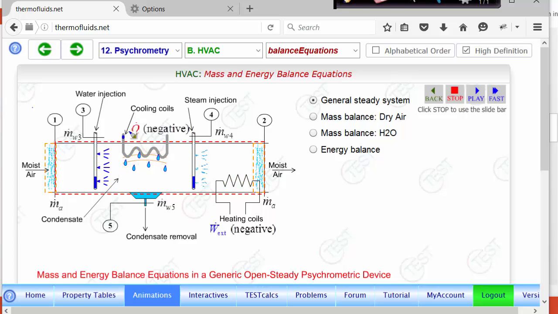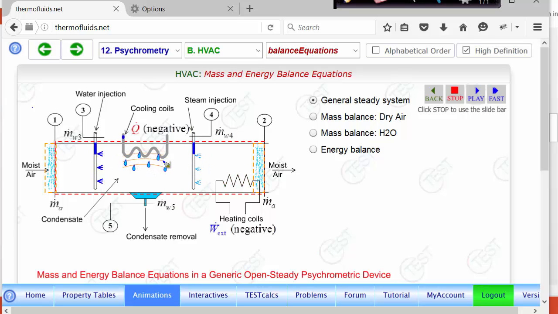There is a cooling coil, which means basically heat is being taken out. Q dot is negative. That is, Q dot out is going on. A coolant is supplied, maybe chilled water to this tube. As a result, heat is taken out. We'll not consider that as mass coming in, mass going out. We'll just assume some heat is being taken out. As a result, it's possible the temperature may go below the dew point temperature.